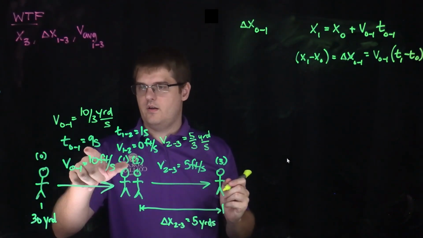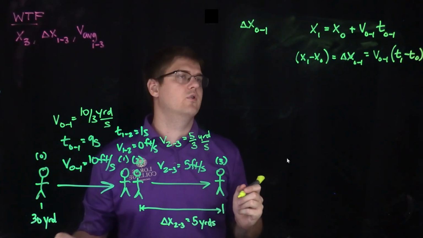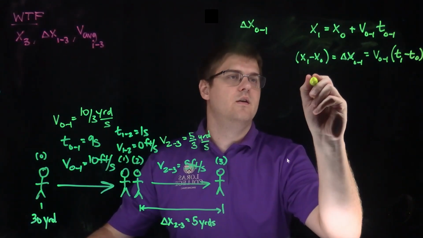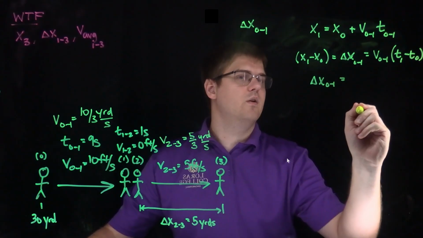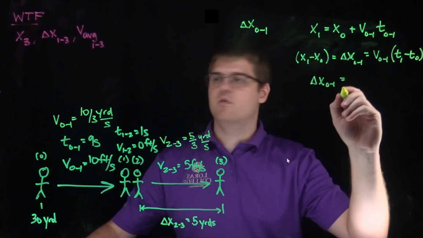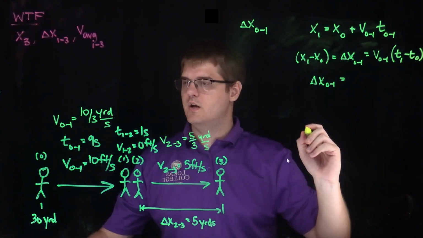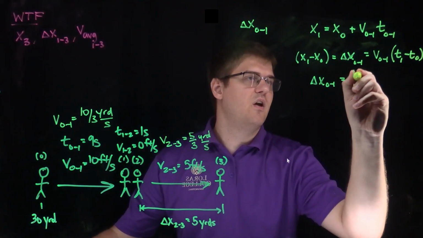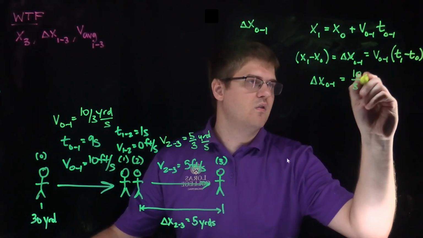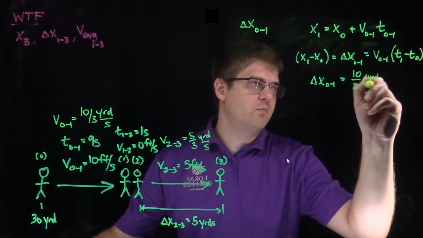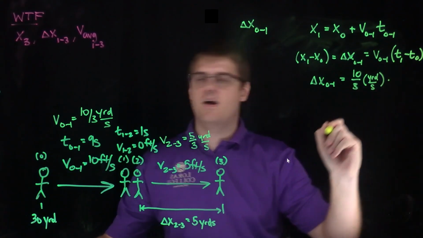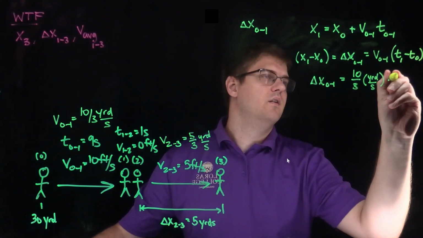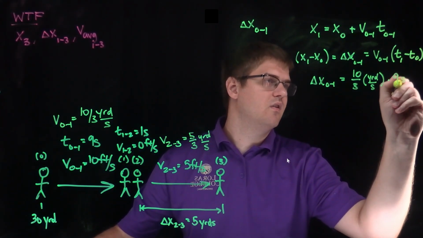And I have time, actually I have time from 0 to 1, so I can say that delta x from 0 to 1 is going to be equal to my velocity from 0 to 1, which is 10/3 yards per second, times my time, which is 9 seconds.